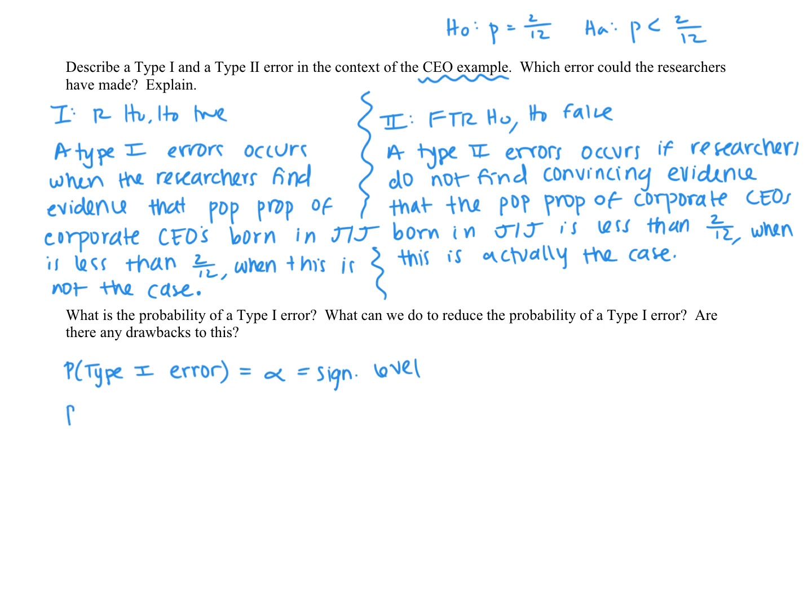The other thing for you to know is the probability of a type 1 error and the probability of a type 2 error are inversely related. What I mean by that, if you increase the probability of one error, it decreases the probability of the other.